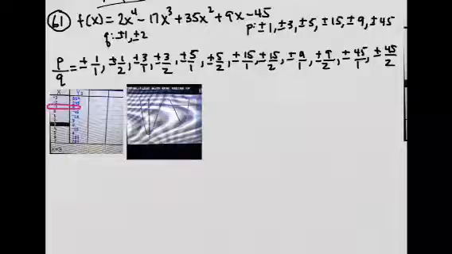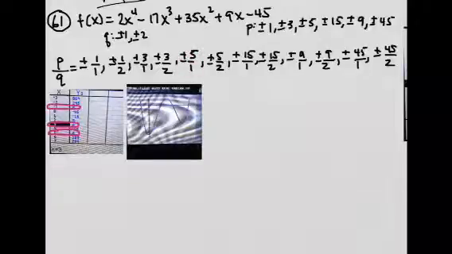Okay, so I've got 1 right there, and then I've got the highlighted one right there, the 3, and the 5. So I know those are zeros. Okay, and they're all on our list. If you notice, I've got negative 1 right here, positive 3 right here, positive 5 right here.